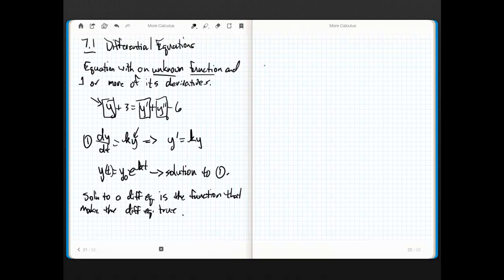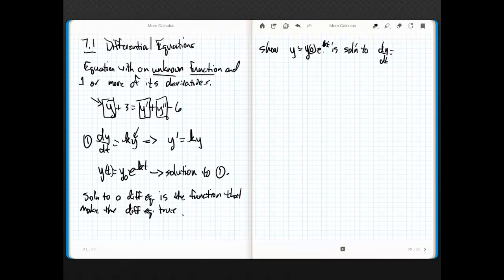All right, so here's my proof. I'm going to show y equals y of 0 e to the kt is a solution to dy over dt is equal to ky, right? That's y of 0, not y times 0. Well, watch.